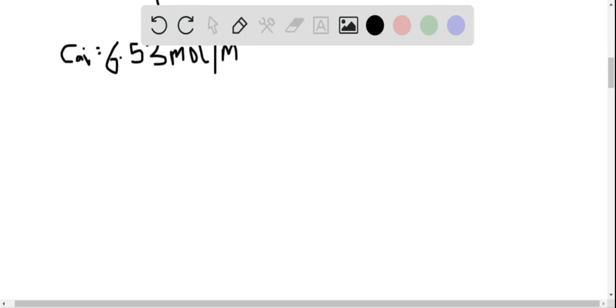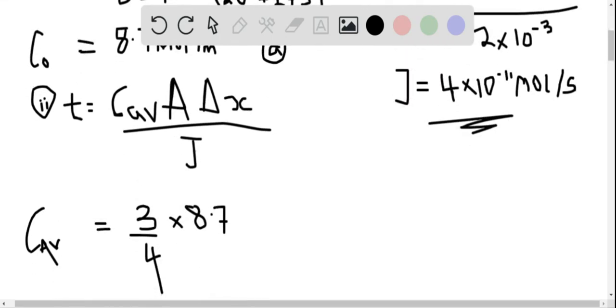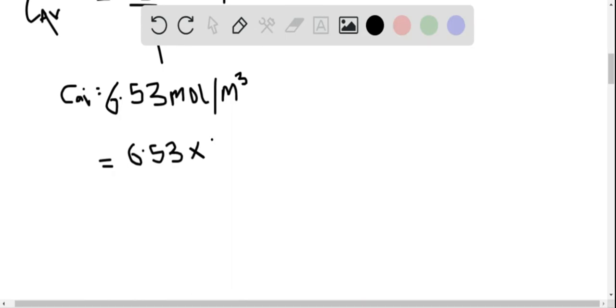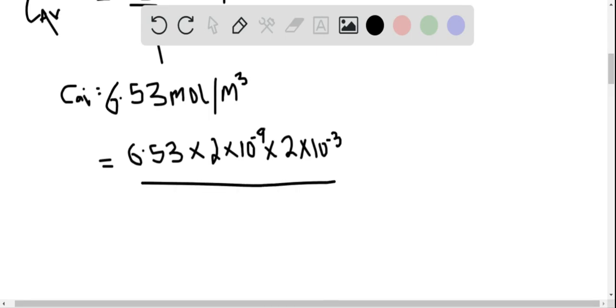So using the third equation, we have 6.53 multiplied by, let's go back to see the equation, the cross-sectional area, which has been given in the question as 2 times 10 to the power negative 9, multiplied by 2 times 10 to the power negative 3, divided by 4 times 10 raised to the power negative 11.